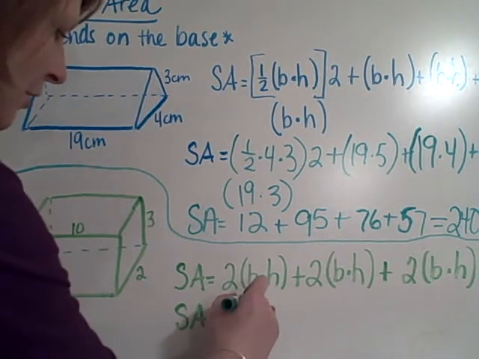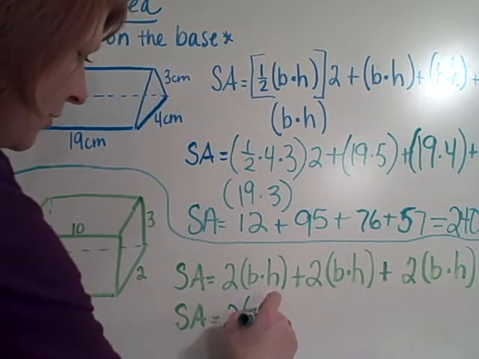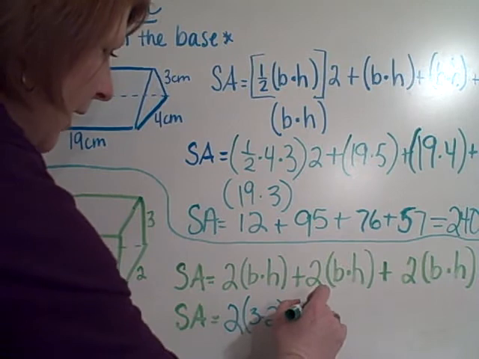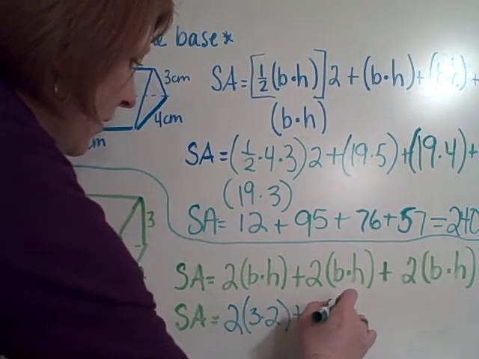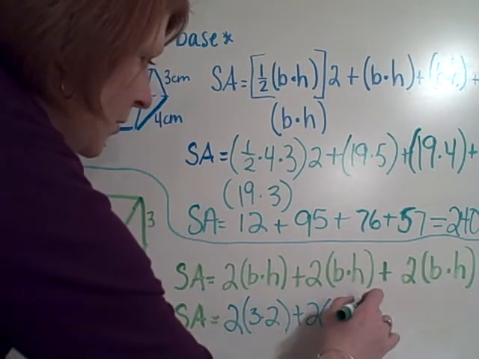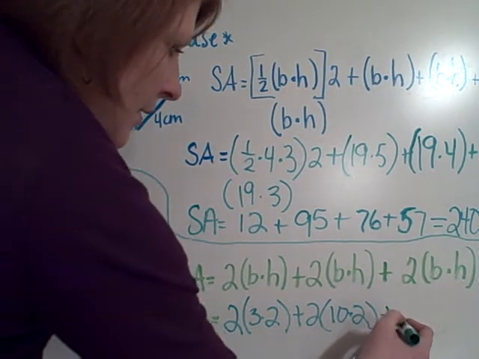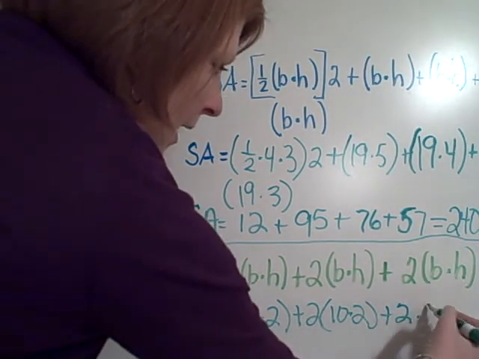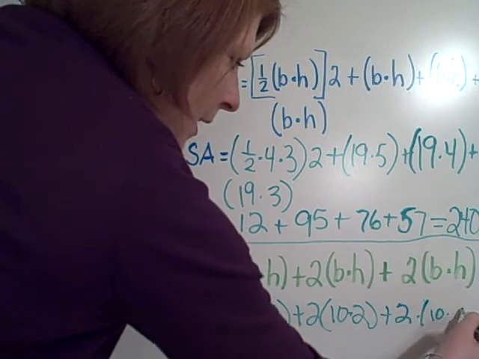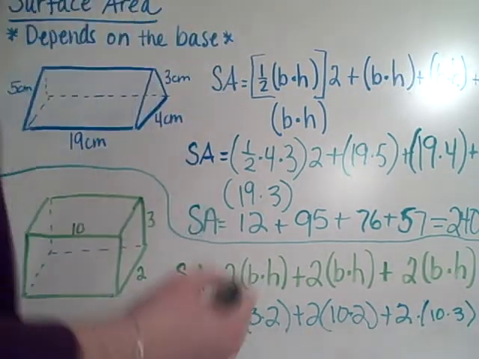So I'm going to have 2 times, and I'm going to use the original 3 times 2, plus 2 times 10 times 2, it's hard to see that, plus 2 times 10 times 3. Excuse me, I'm running out of room there.